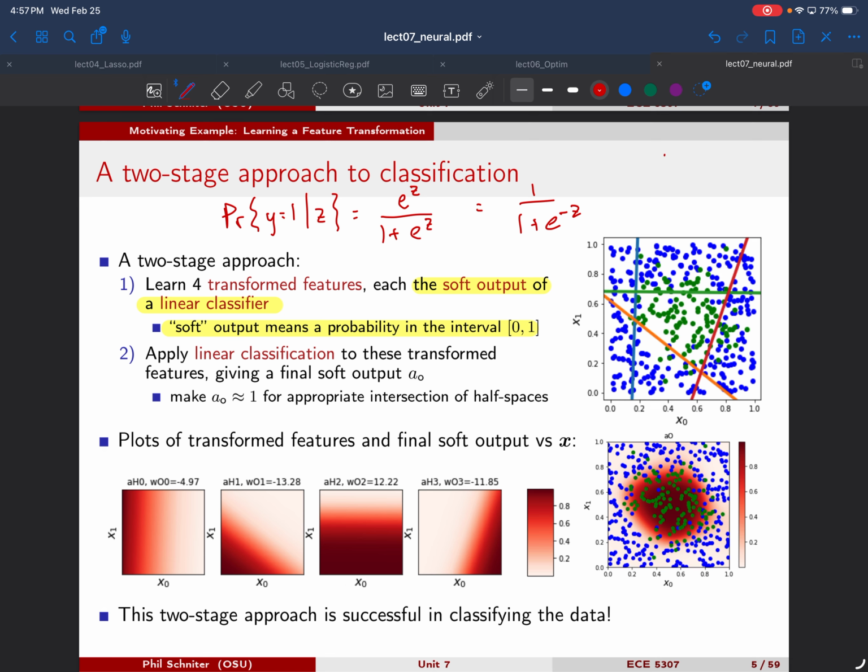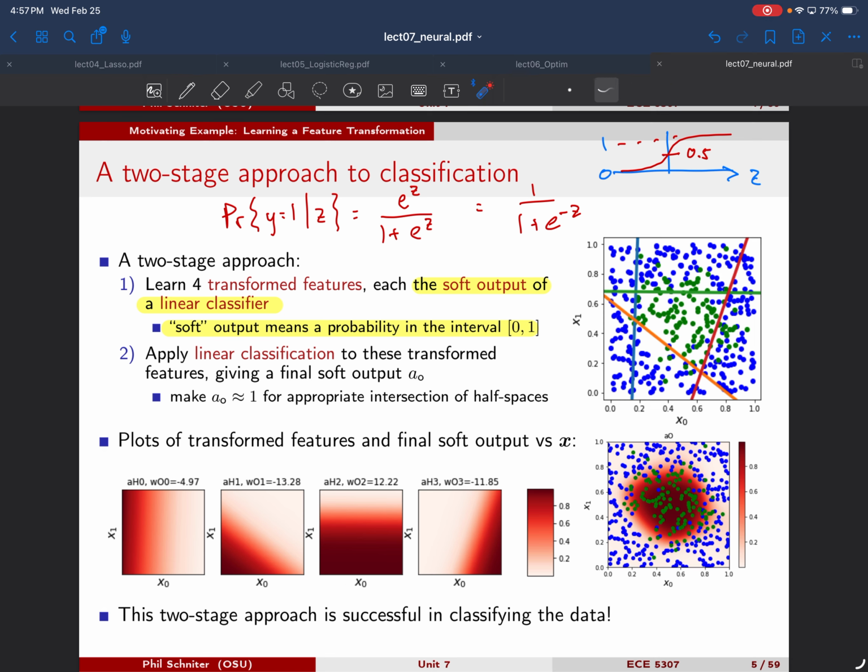And if you remember, when we plot this, this is our sigmoid. So here we're plotting versus z, and the probability is something that looks like that. So it crosses at 0.5 there, and it goes between 0 and 1.